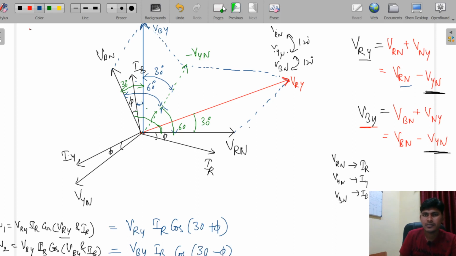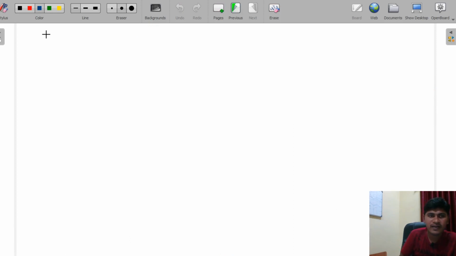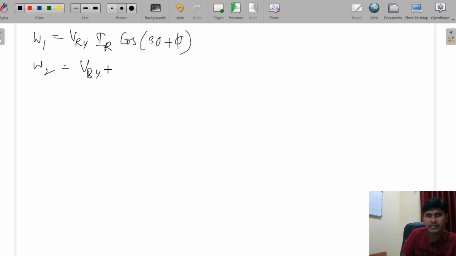Okay, so finally we have W1 is equal to VRY IR cos of 30 plus phi, and W2 is equal to VBY IB cos of 30 minus phi.